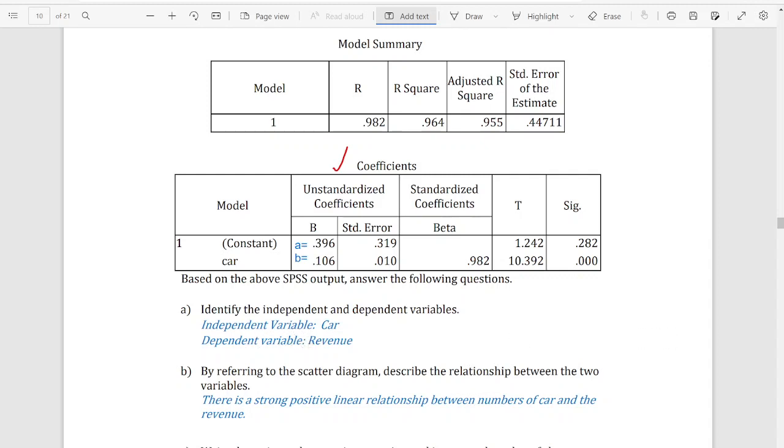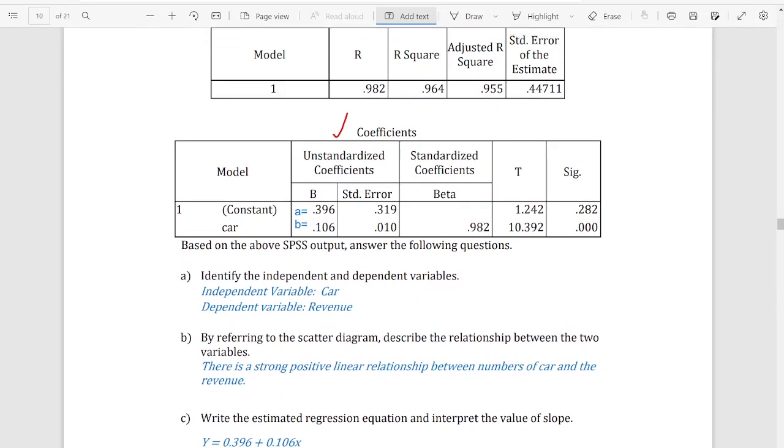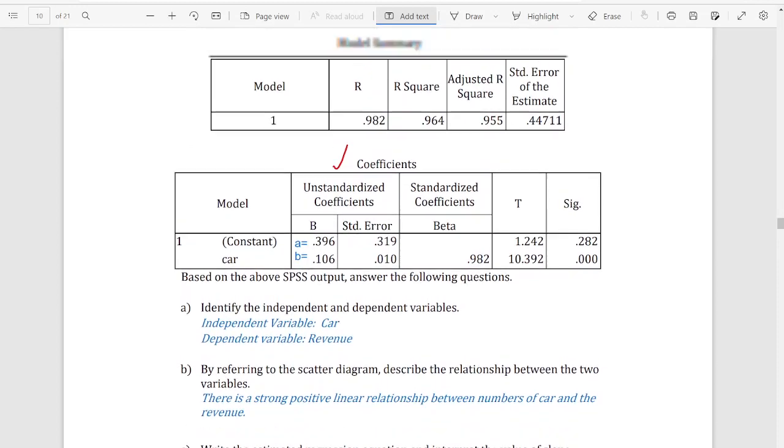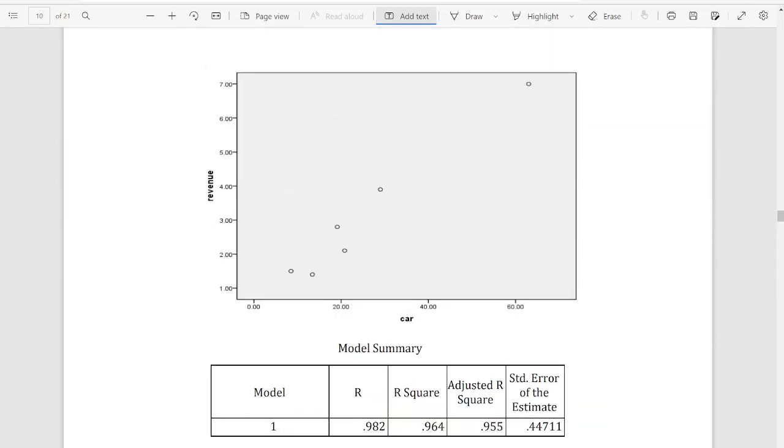And then the second question asks you, by referring to the scatter diagram, describe the relationship between the two variables. So based on the scatter diagram, there exists an upward trend, right? We can see the upward trend there. So that means the relationship is positive. Is it a strong positive relationship or a weak positive relationship?